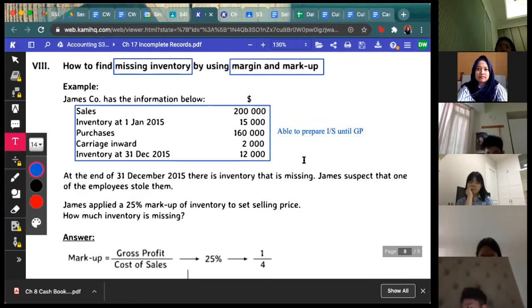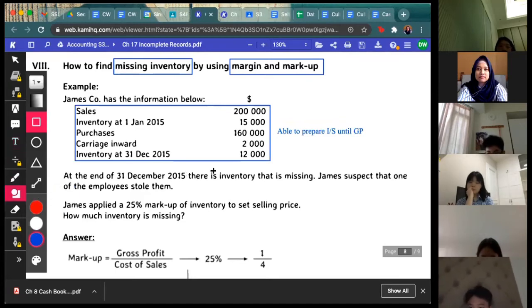At the end of 31 December 2015, there is inventory that is missing. James suspects that one of the employees stole it. James applied a 25% markup on inventory to set the selling price. How much inventory is missing?